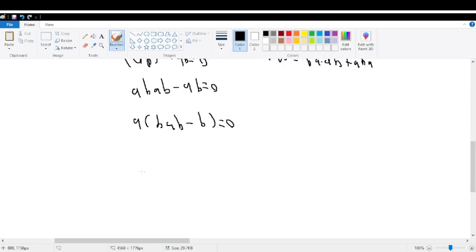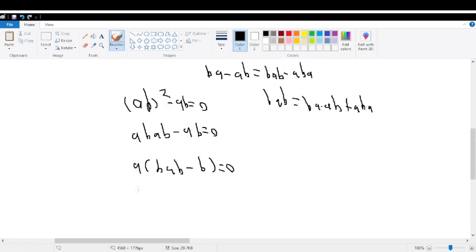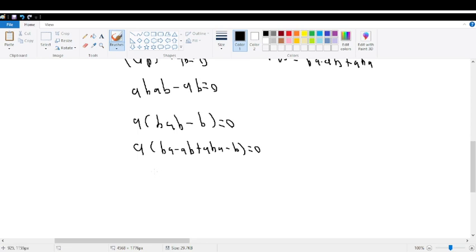So we can just substitute that there. So we have a(ba minus ab plus aba minus b) is equal to 0, which gets us aba minus ab.